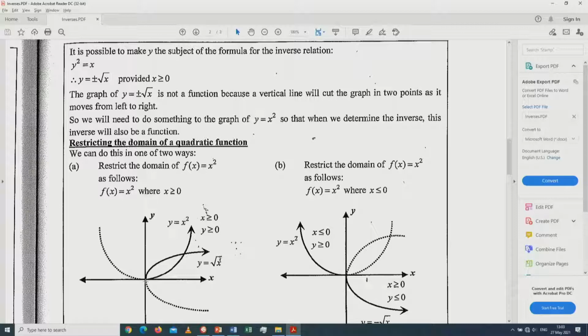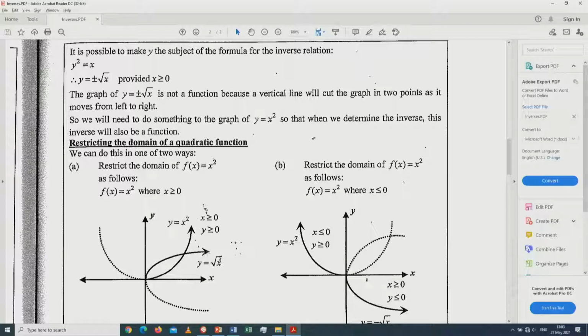Now you focus where x is greater than 0. This side does not exist because on this side x is less than 0. So we focus where x is greater than 0. How will the inverse look? This is how the inverse will look. And if you draw any vertical line, it will only cut this graph once.